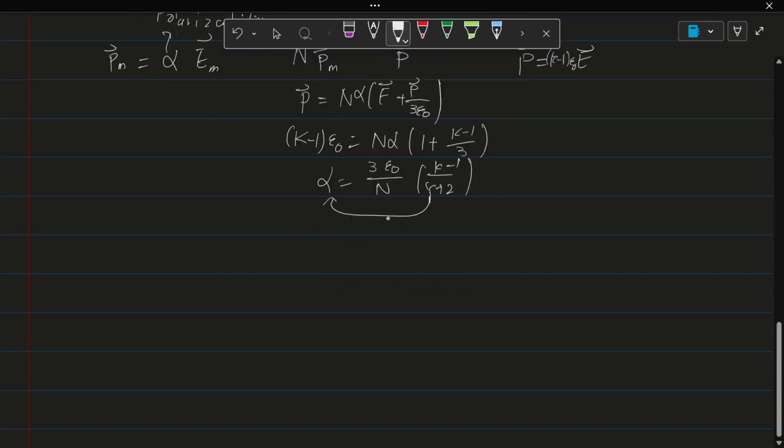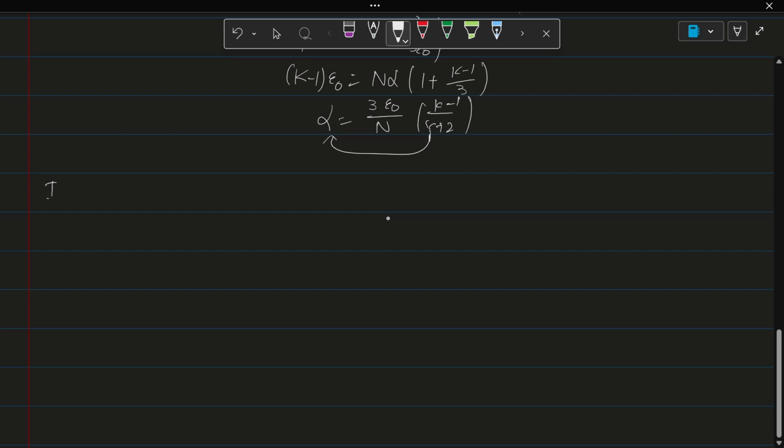We'll think of two different models. First, we'll be thinking about the induced dipoles. If you know from chemistry, these induced dipoles basically come from nonpolar molecules like hydrogen, oxygen, carbon dioxide. They are all nonpolar, as well as the noble gases.